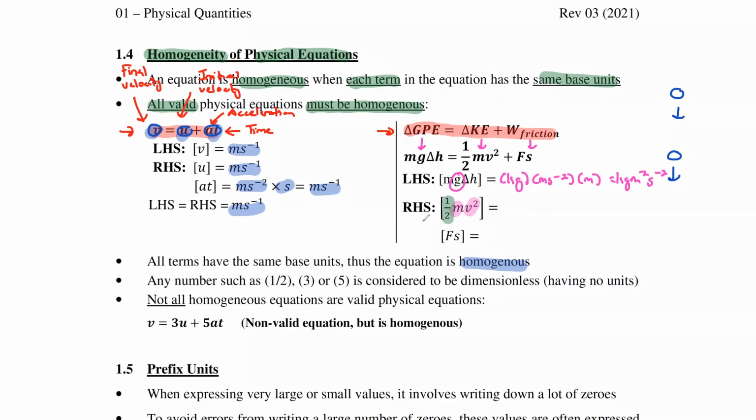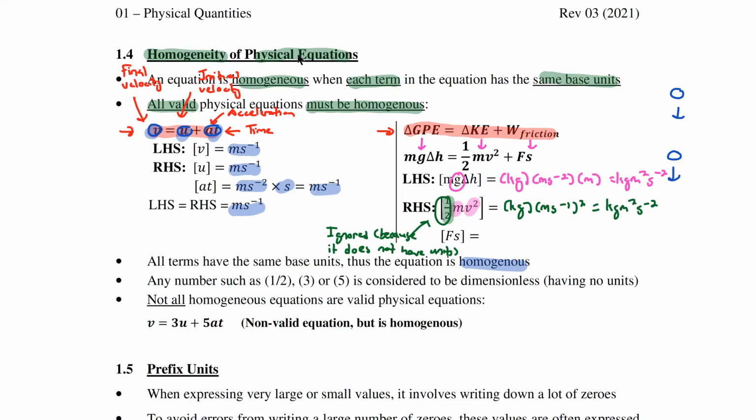During your analysis, you will need to ignore half because this is a number, so it does not have any units. So we proceed with the analysis. This one will be kg multiplied with meter per second. Remember to square the term, so you get kg meter squared per second squared.